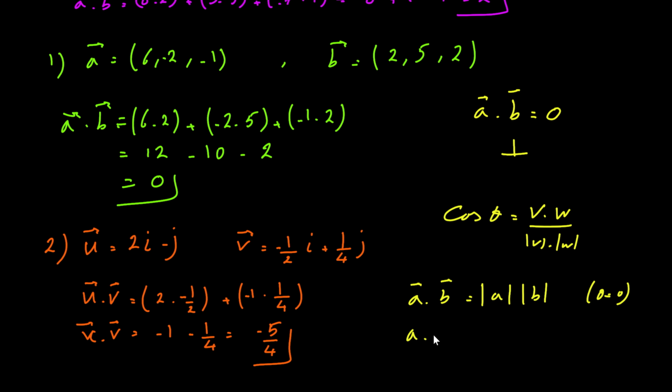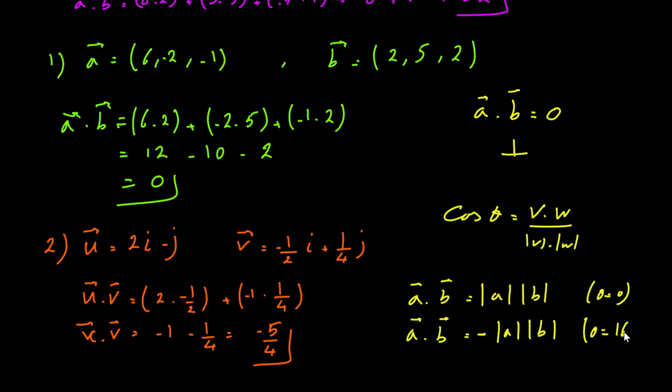And if A dot B is equal to the negative of the magnitudes multiplied, that gives us a theta of 180 degrees. So if we prove that one of these is true, they are going to be parallel. Now let's go ahead and see if that's true.